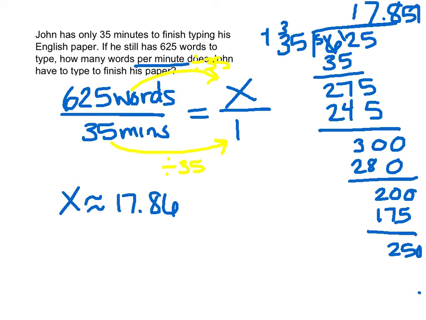What does that mean? 17.86 what? Well, it should be words. Remember, the x that we were solving for was how many words per minute did he need? Well, he needs 17.86 words per minute. So we need to make sure that we write our answer.